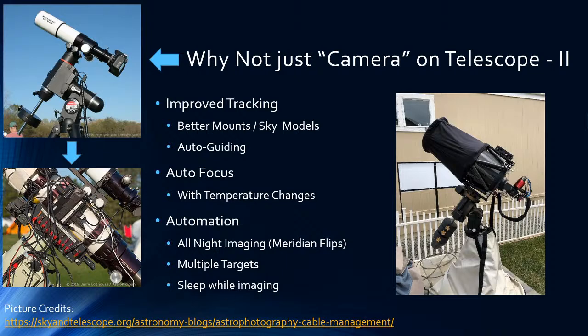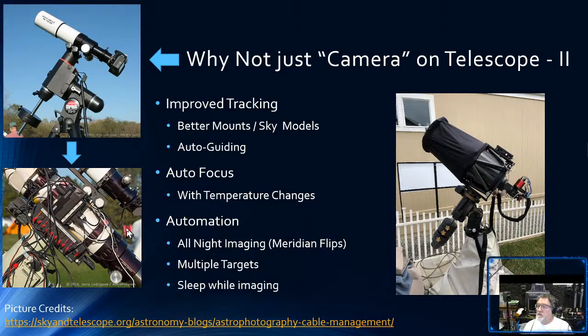And so we need to track the stars or the objects across the sky, and it takes good mechanics to do that accurately. That's getting back to that arc second accuracy again, which we'll hit again and again. So better mounts and sky models are a reason for that. Improved tracking and auto guiding is going to help you get that much more accurate.